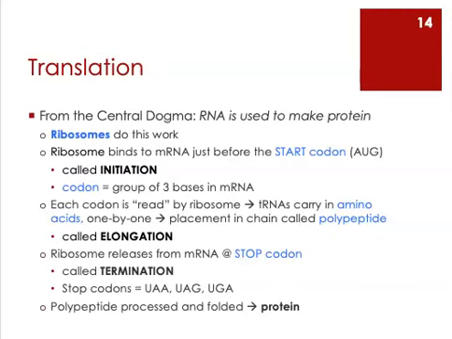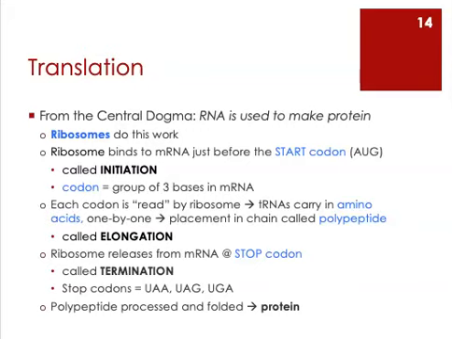The 2 amino acids will be bound together with a covalent bond. And remember, we call those peptide bonds in protein. Then the ribosome will translocate, move to the next codon, and the process will repeat. This process, where each codon is read, each codon is decoded, is called elongation.